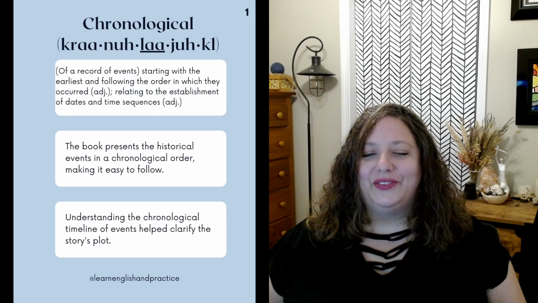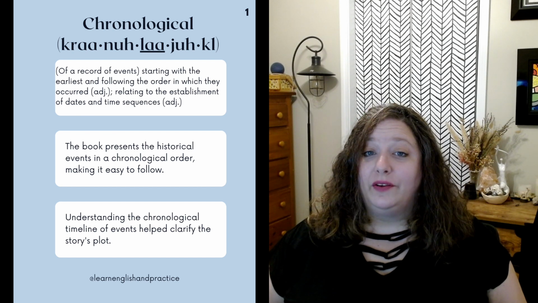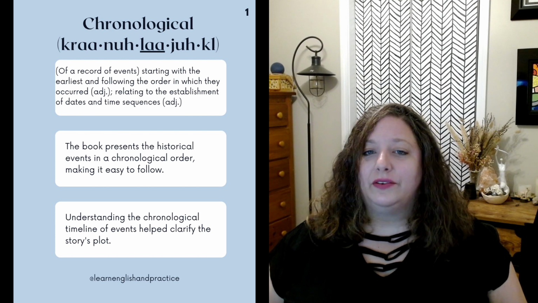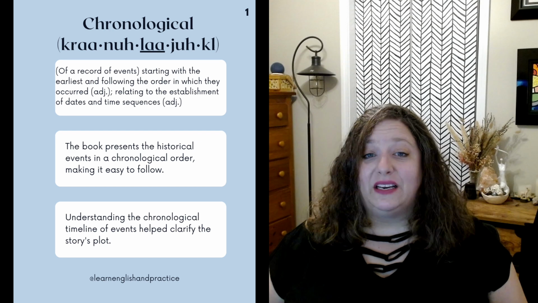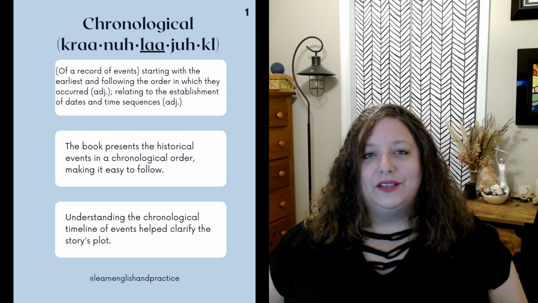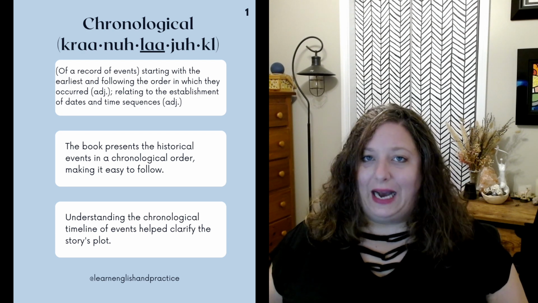First, chronological. This is of a record of events, starting with the earliest and following the order in which they occurred, as an adjective; relating to the establishment of dates and time sequences, as an adjective. So something that's chronological is ordered in time.